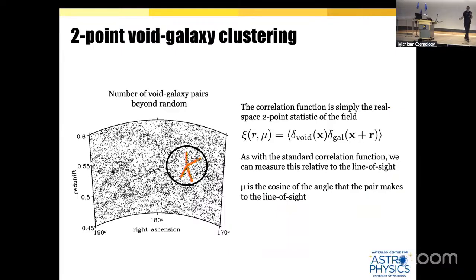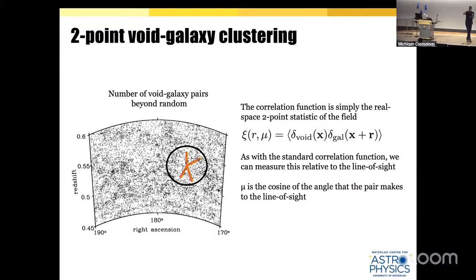Rather than looking at the galaxy-galaxy two-point correlation function, we look at the void-galaxy correlation function. In fact, the void center galaxy correlation function. You can define it and think about it in the same way. But now when you're stacking voids, the void center galaxy correlation function really is just an average profile of the voids you're looking at.